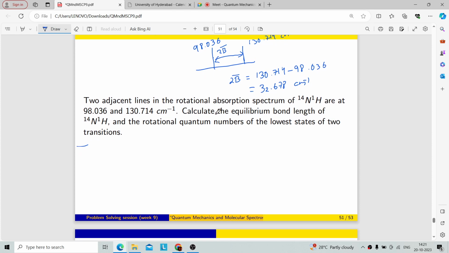So 2B bar is this much. Now what do we have to calculate? The equilibrium bond length.